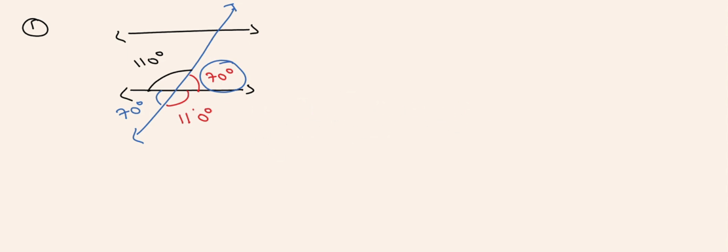But what about this one? Here, here, here, and here. What about this one? Okay. So these two angles, this one and this one, are equal because these are alternate exterior angles, and the angle of a straight line is 180 degrees.